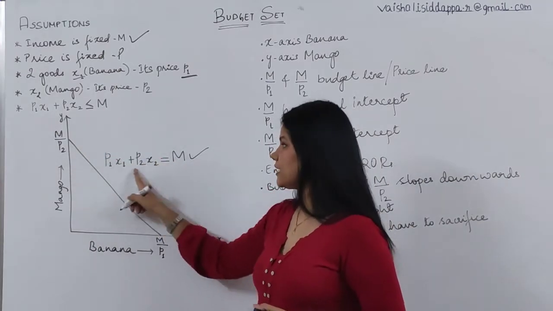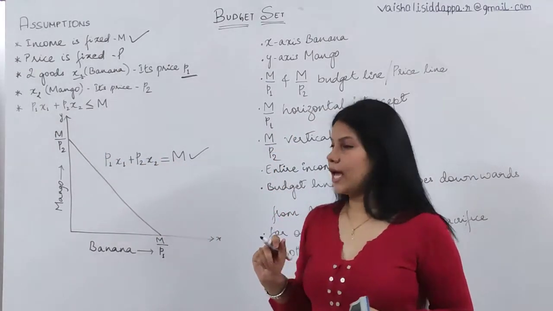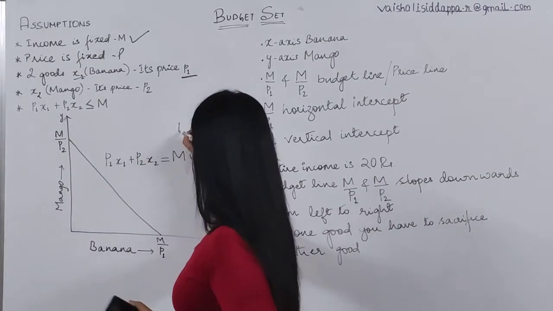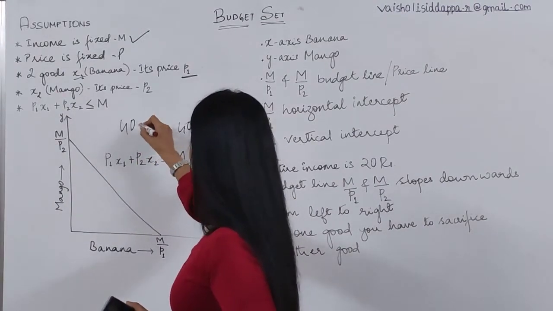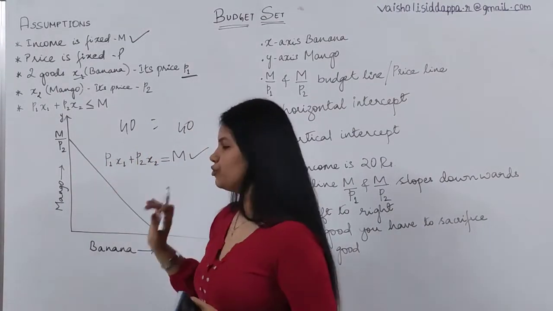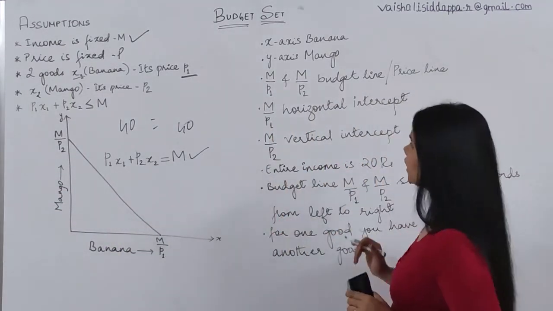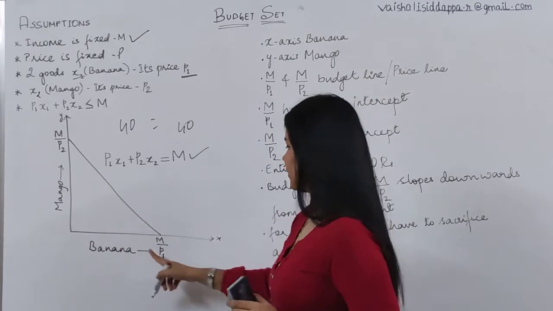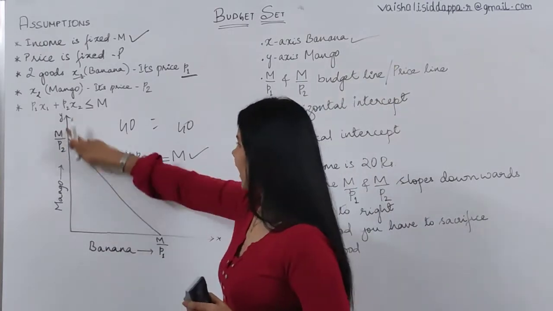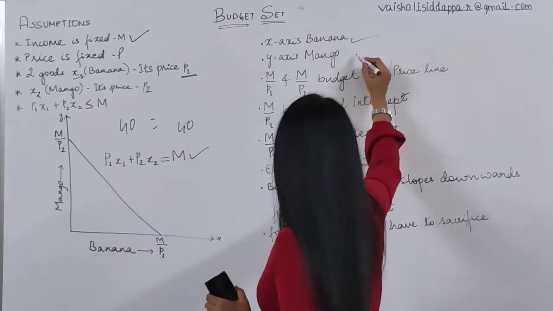Not lesser, it is exactly equal to M. That means if I have 40 rupees of income, I am spending 40 rupees on these two goods which I have here. Now, on the x-axis I have banana and on the y-axis I have mango.